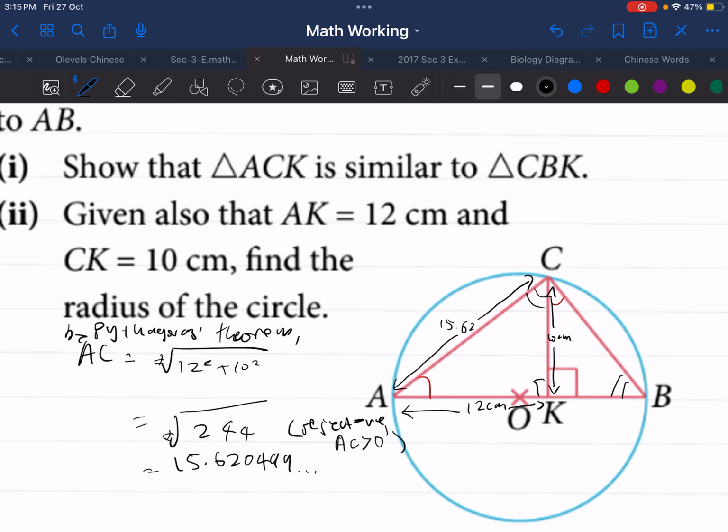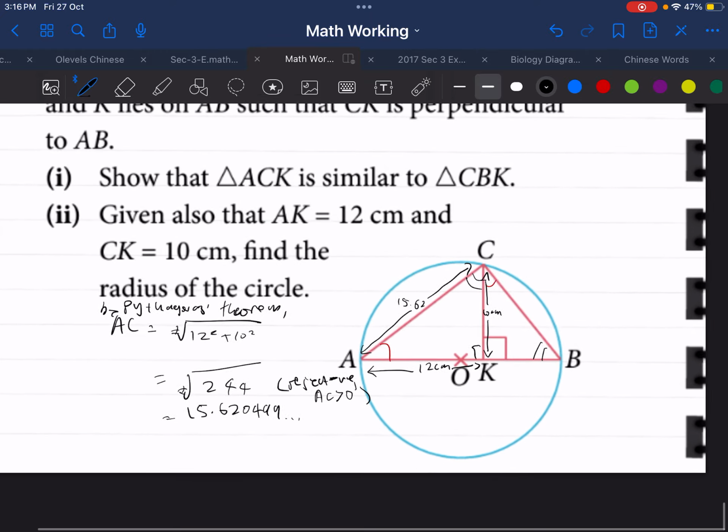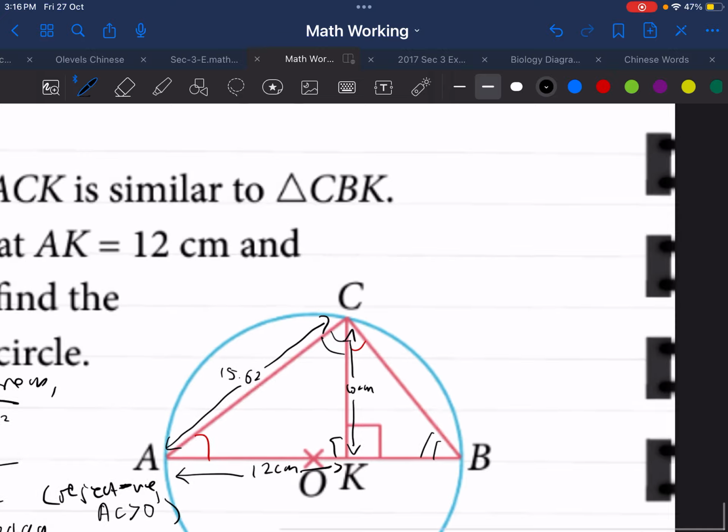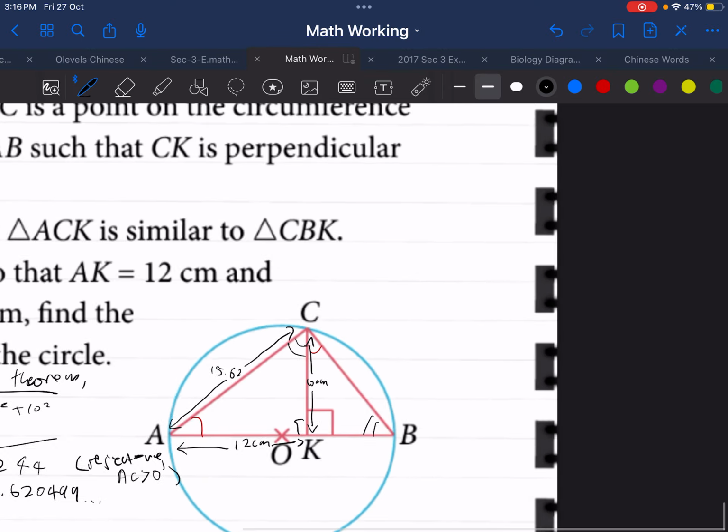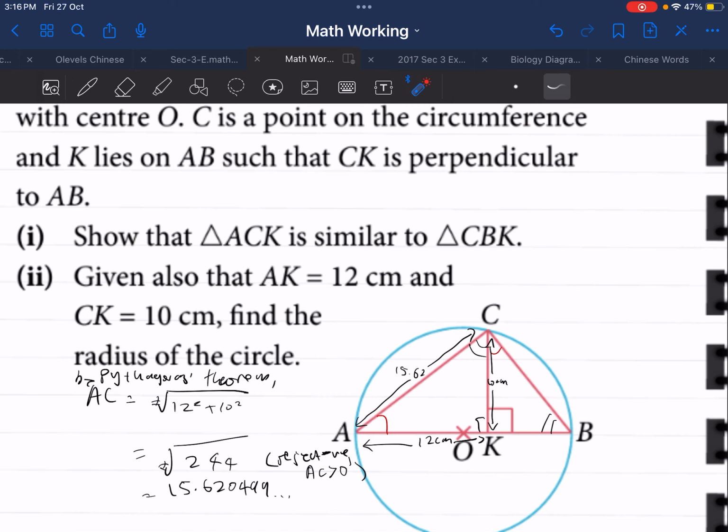Now what are you gonna do? You know there's this property where the ratio of the corresponding sides in similar triangles is the same. AC and CB are corresponding sides.